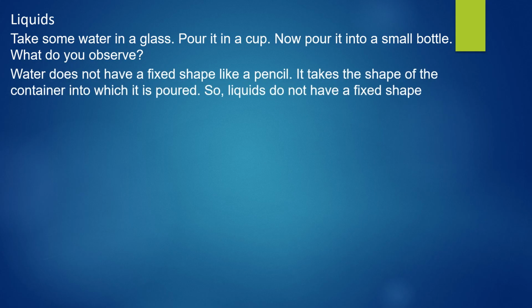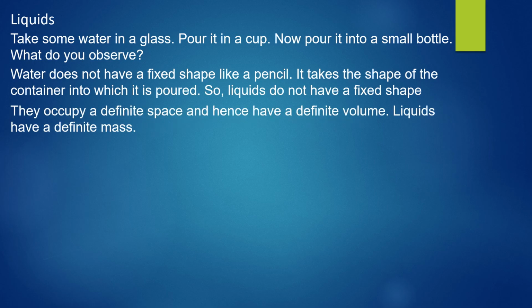Water does not have a fixed shape like a pencil. It takes the shape of the container into which it is poured. So liquids do not have a fixed shape. They occupy space and hence have a definite volume. Liquids have a definite mass.